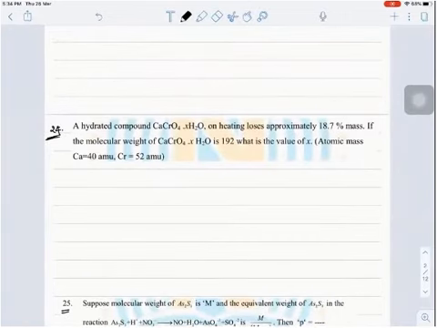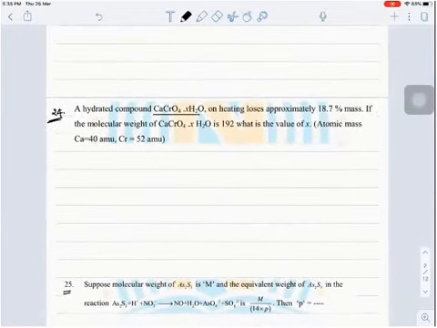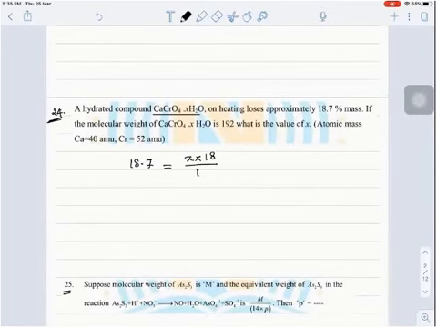Next question is question number 24. In this question, CaCrO4.xH2O is heated. It is losing 18.7% of mass. So that is due to the loss of water molecules. So percentage loss is 18.7. That is equal to x moles of water, x into 18, divided by molar mass 192, into 100.